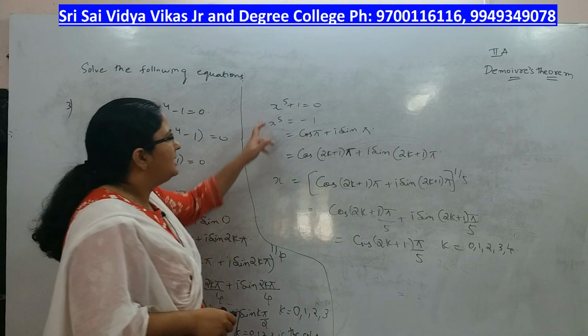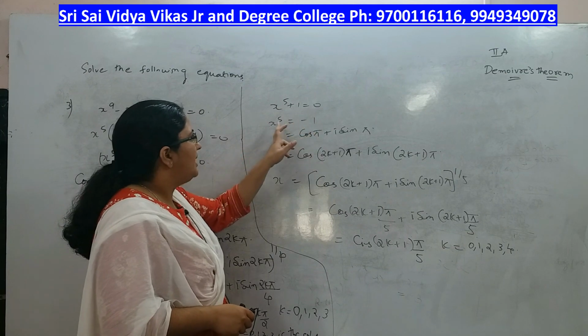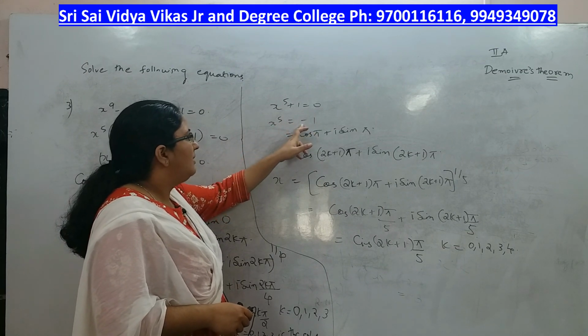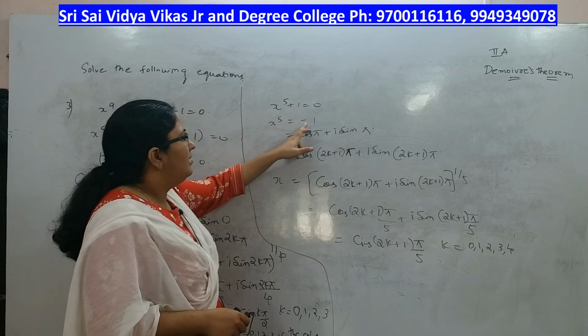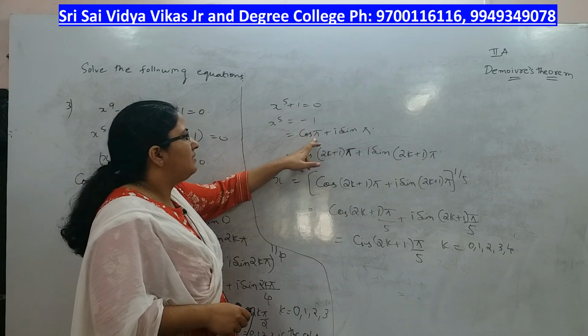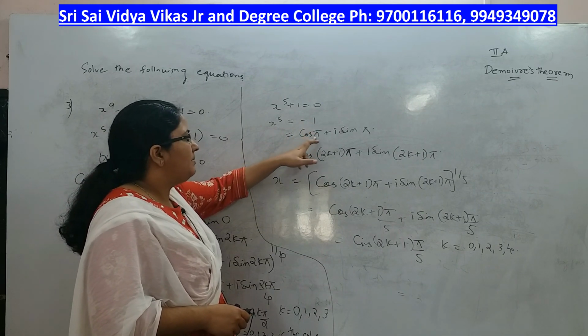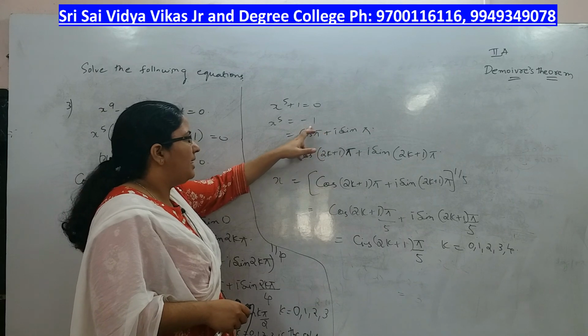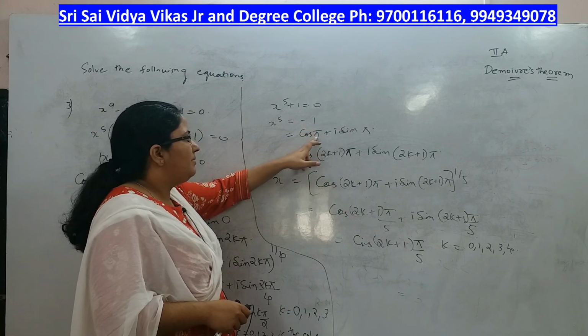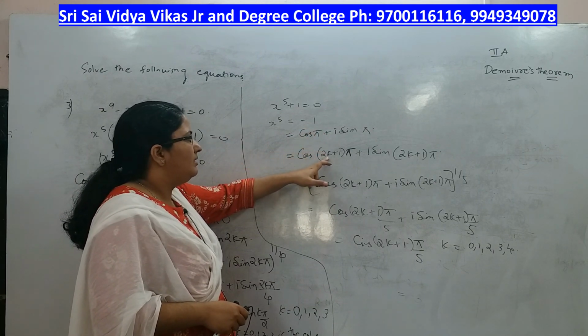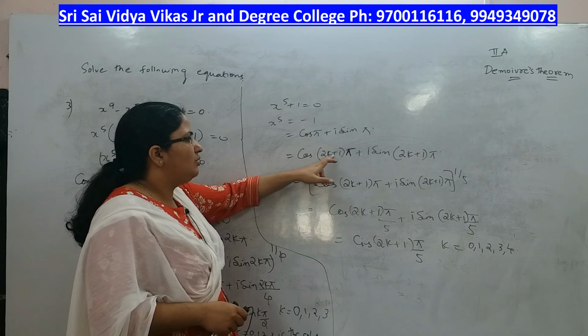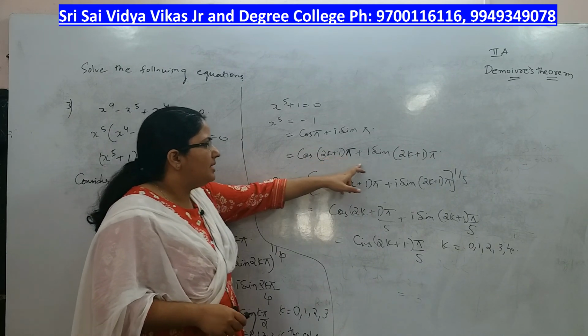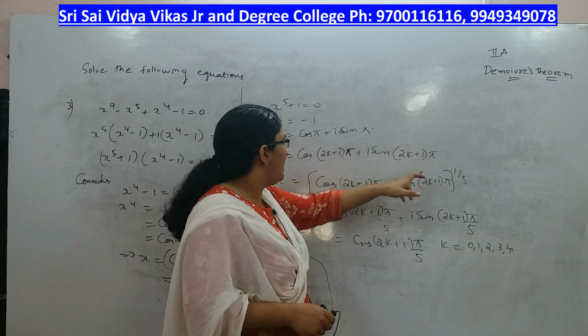Next, x power 5 plus 1 is equal to 0, x power 5 is equal to minus 1. When do you get minus 1? Cos pi plus i sin pi will give you minus 1. The value repeats for every odd interval, so we are introducing (2k plus 1) into pi. Cos (2k plus 1) into pi plus i sin (2k plus 1) into pi.